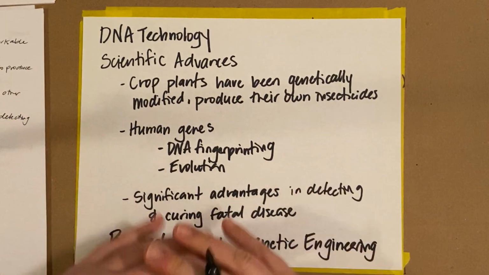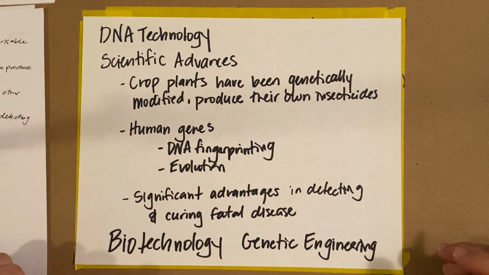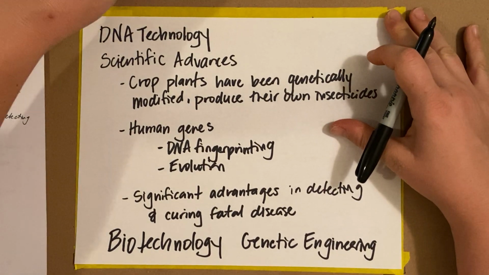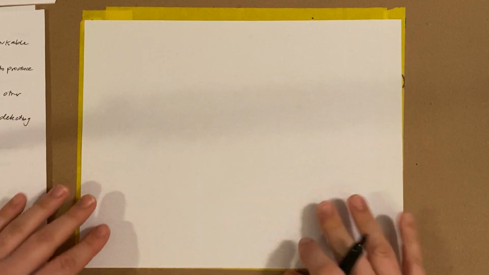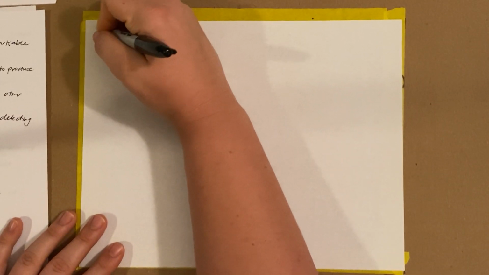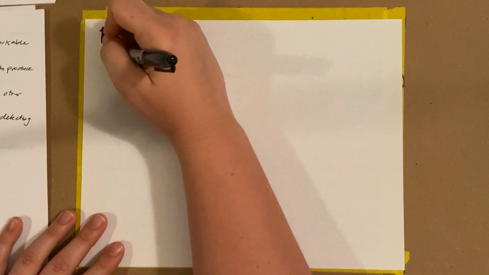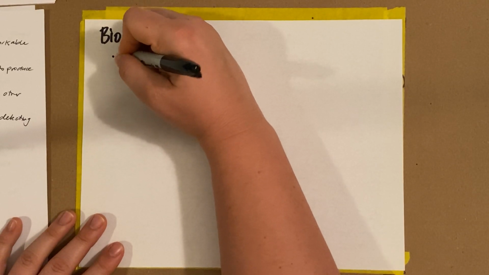So biotechnology can be kind of the umbrella term, and then genetic engineering is going to be a specific type of biotechnology. Okay, and so we'll talk about some specific types of biotechnology that we have done.